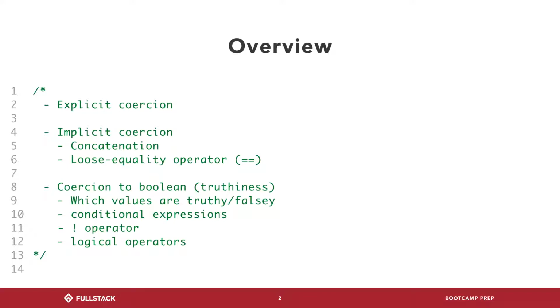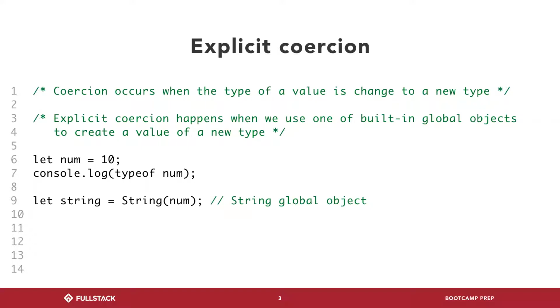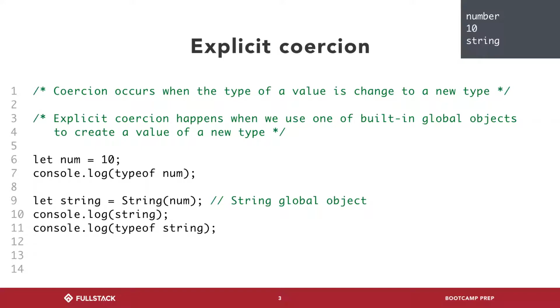But yeah, so explicit coercion is something that I'm not going to talk too much about, because I think it's very straightforward. Explicit conversion is I have a variable, and here in this case for num, it's a 10. It's clearly a number type. If I then say, hey, convert it into a string, and then print it out, I now get a string.